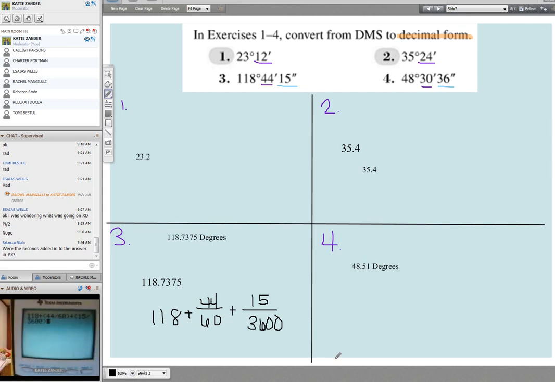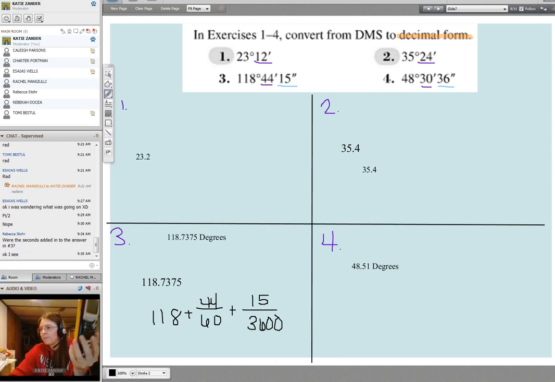If you forget to do that, the order of operations aren't going to be done correctly, and the calculator won't give you that correct decimal. So yep, it looks like the seconds were added in there. So 118.7375. So that looks good. Good. Any other questions?